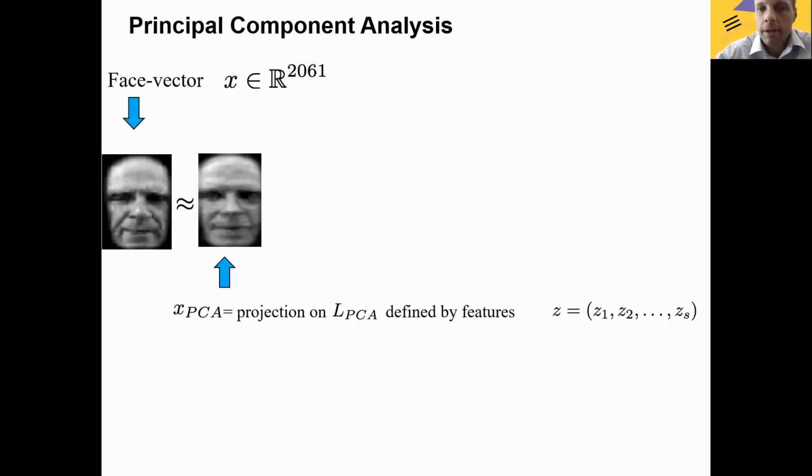And actually, these kinds of approaches have been known for a long time already. The most famous one is principal component analysis. I'll talk about principal component analysis a little bit later in more detail. Now, I just would like to briefly explain that we have an initial image which is described by around 2000 pixels, so it is described by a vector of dimension 2000.